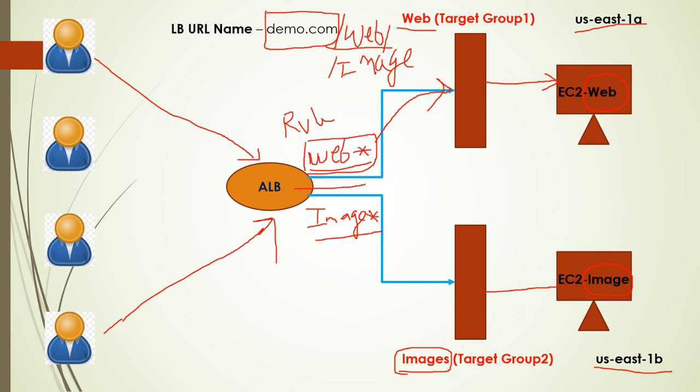So it reads the rule and sends this request to the other target group, which is image. Then this target group sends the request to the system running in the backend. So this is how your application load balancer works.